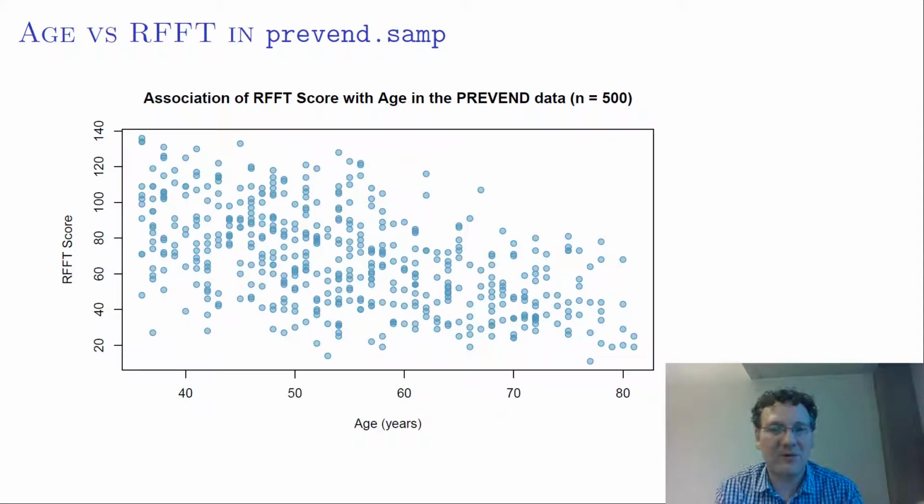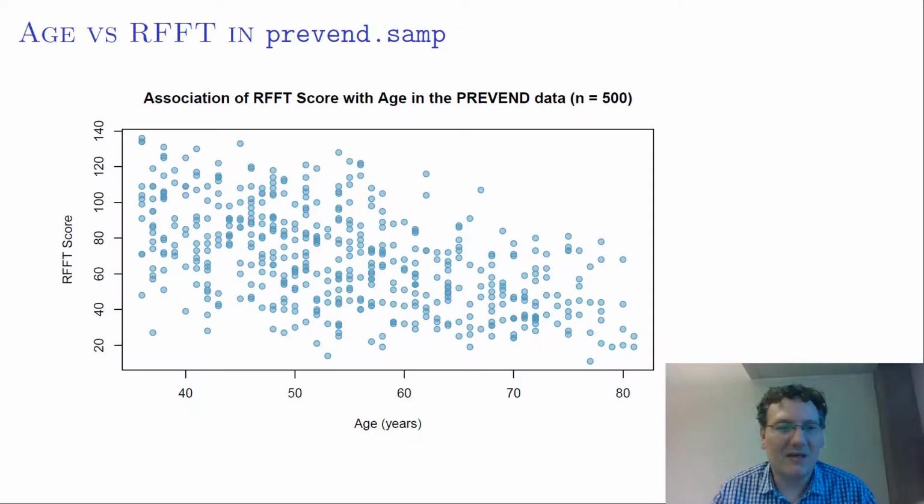This is typical. The variable that is used to predict needs to be on the X axis. So you have to think about if there's a causal relationship, what direction does it go in? Does a person's age have an effect on their cognitive ability, or does the cognitive ability have an effect on their age?